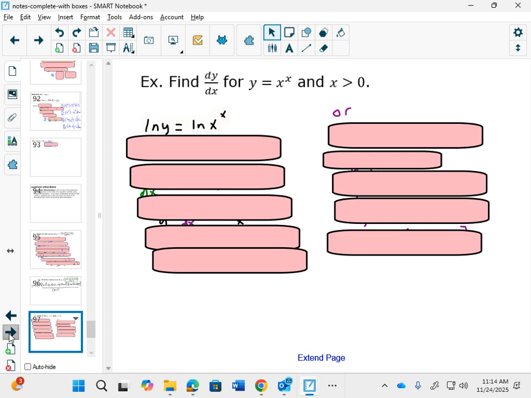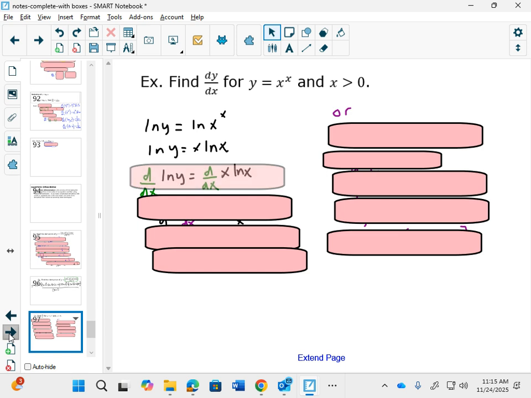So what we do is we take the natural log of both sides. This allows us to bring that x out in front. And now we can do implicit differentiation. Take the derivative with respect to x of everything. Do you see on the right you have a product rule?